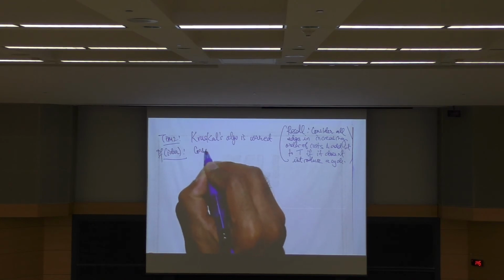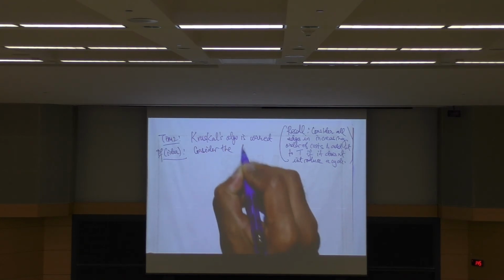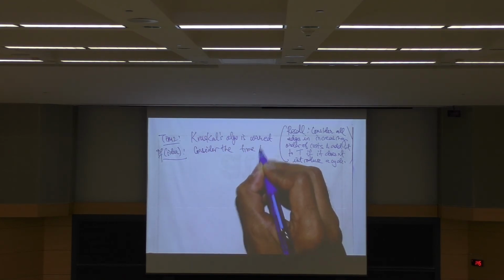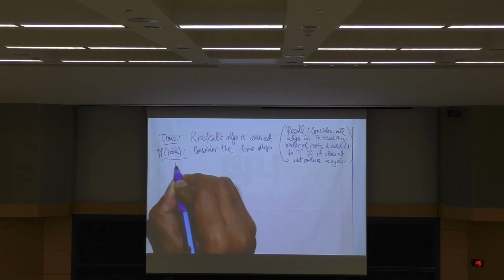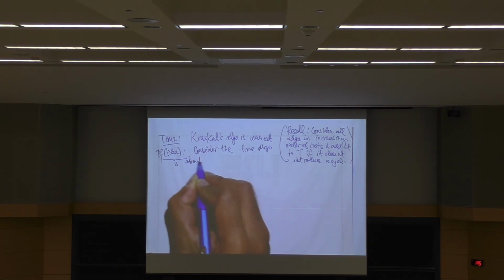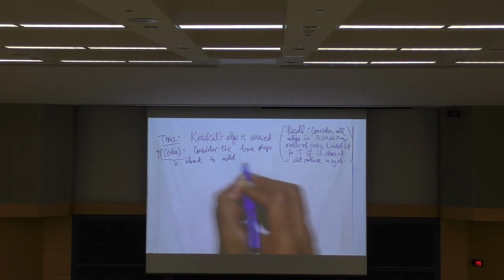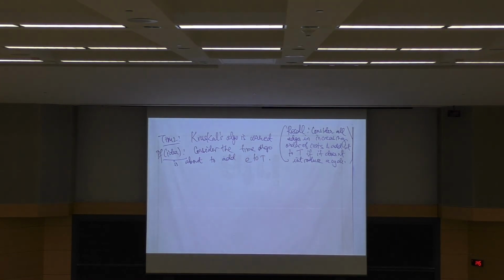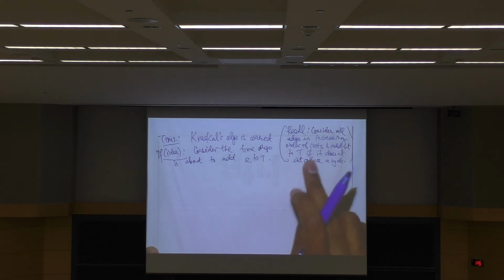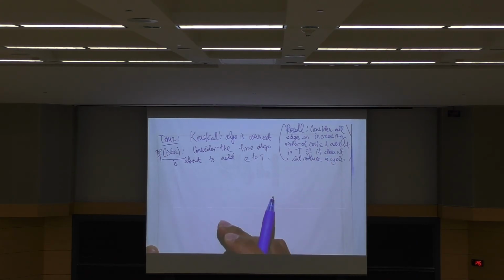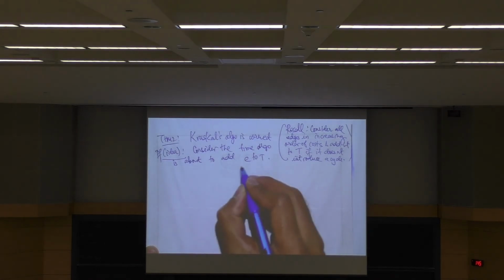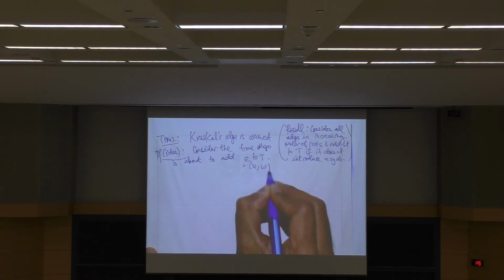So consider the time that the algorithm is about to add e to T. When I say about to add, this means when it has already done the check and verified that adding e is not going to create a cycle. And again, let this be uw.